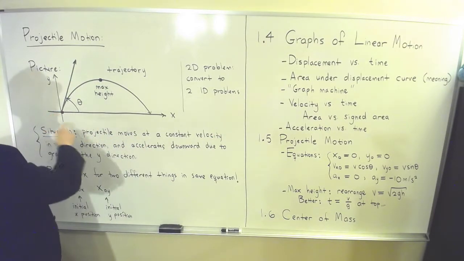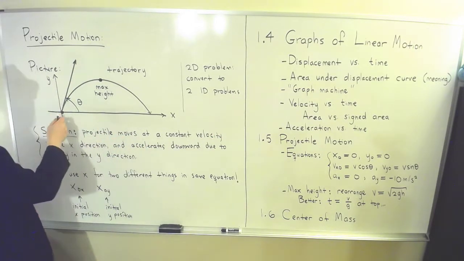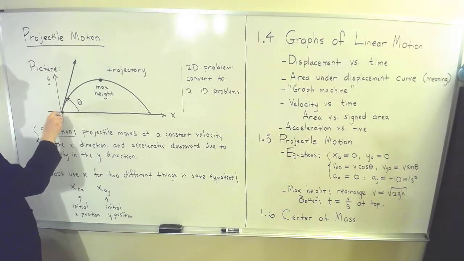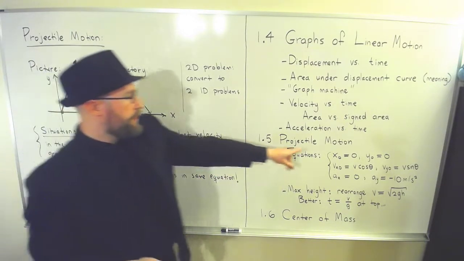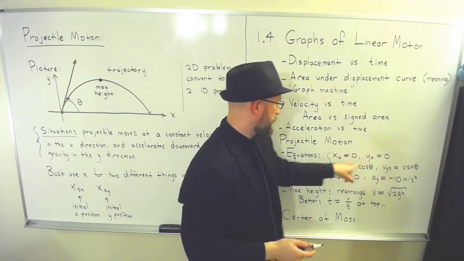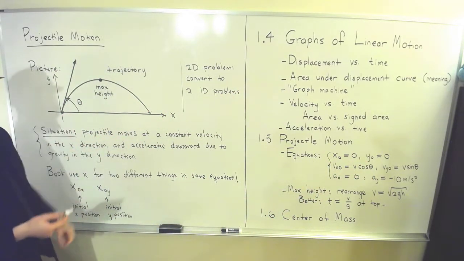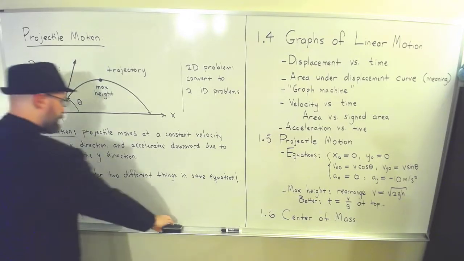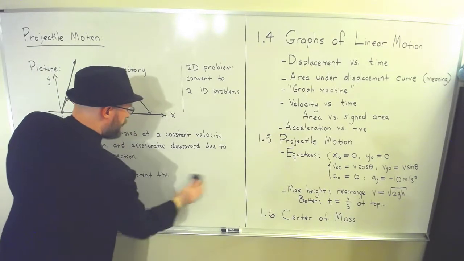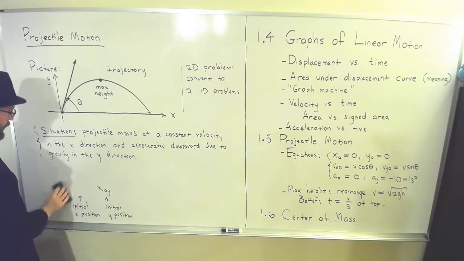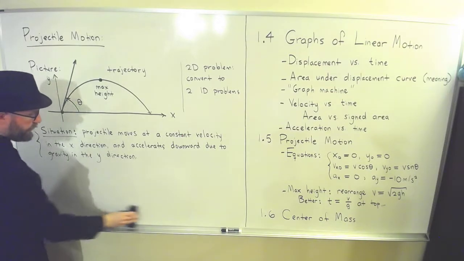Y0 means the initial y position, which are both 0 in this context. You see, this is the origin, x equals 0, y equals 0. That's what these two equations are saying, that the initial x position is 0 and the initial y position is 0. So we're making our notation a little bit different than what the book is doing.